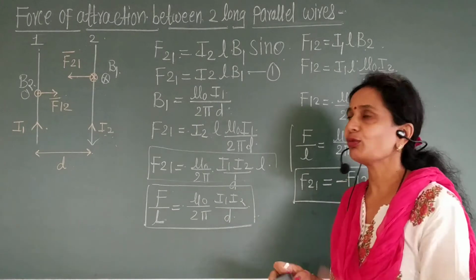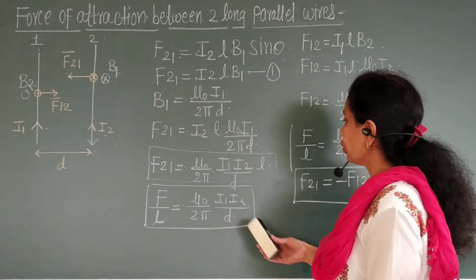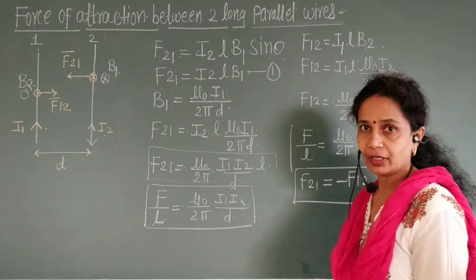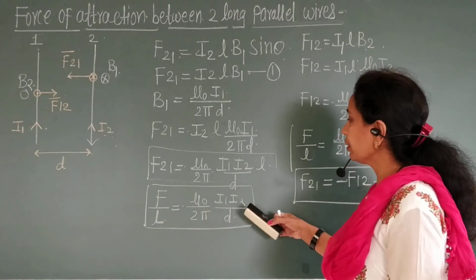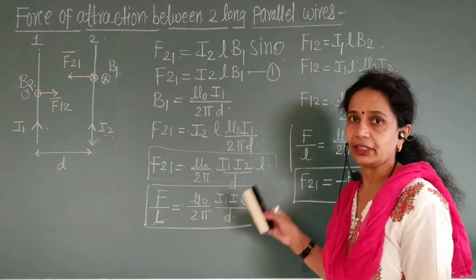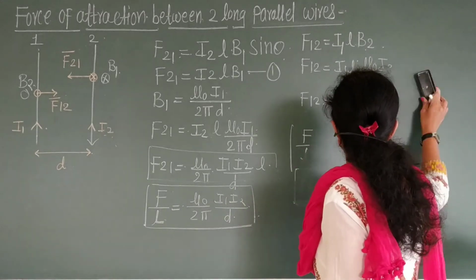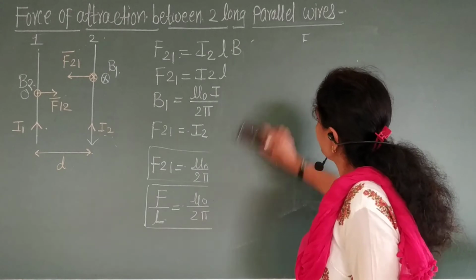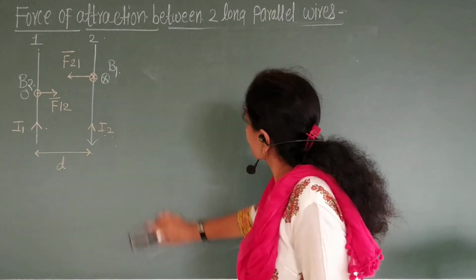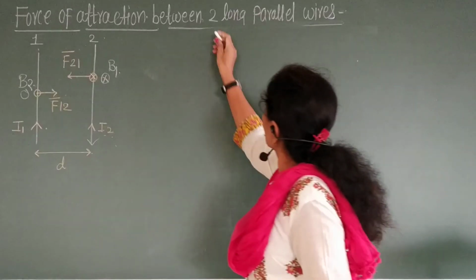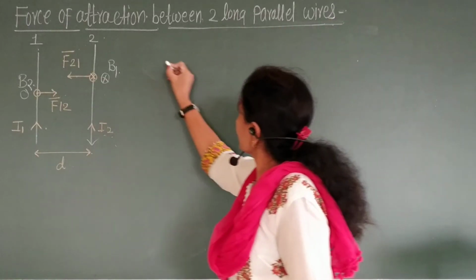Let us solve one example based on this formula, F/L is equal to μ0/2π × I1 I2/D.